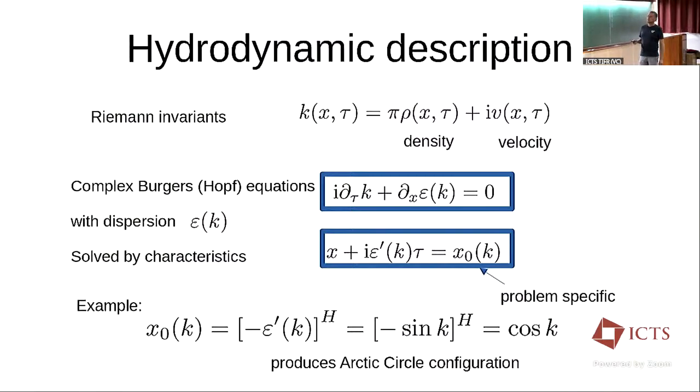So for example, if I want to reproduce the Arctic Circle configuration, I have to take x0 of k, the right-hand side, to be the Hilbert transform of the derivative of the dispersion relation, namely cos k, and solve for complex number k as a function by fixing x and tau. That's it. It's a very simple construction.